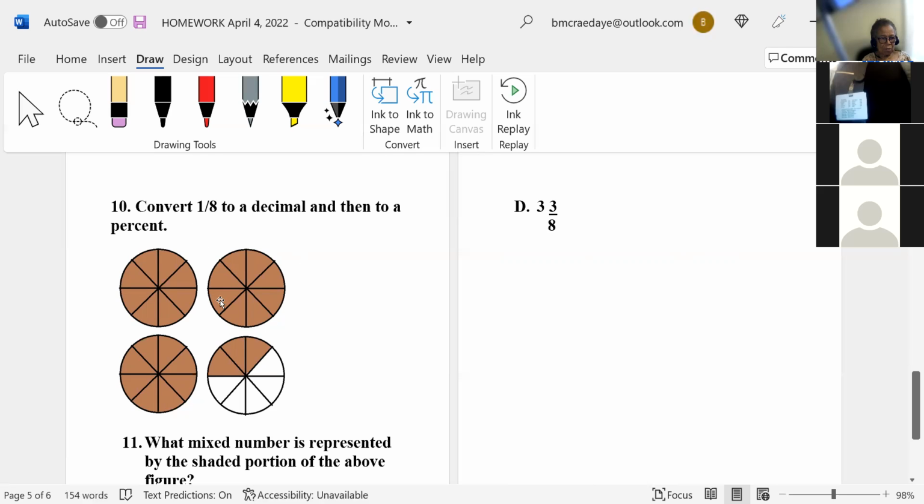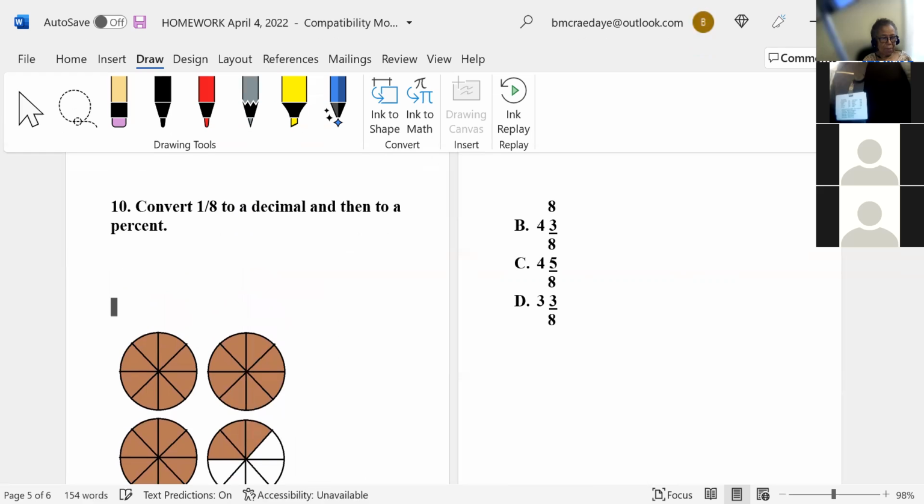This goes, actually, I don't want to confuse you here. This is a separate problem. That picture goes with number 11. Now, number 10, convert 1/8 to a decimal and then to a percent.